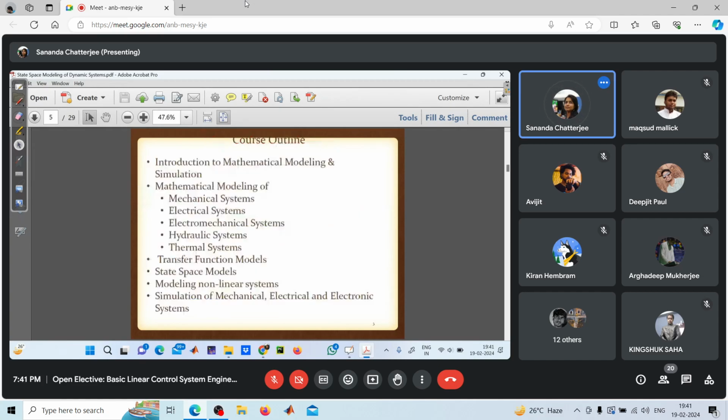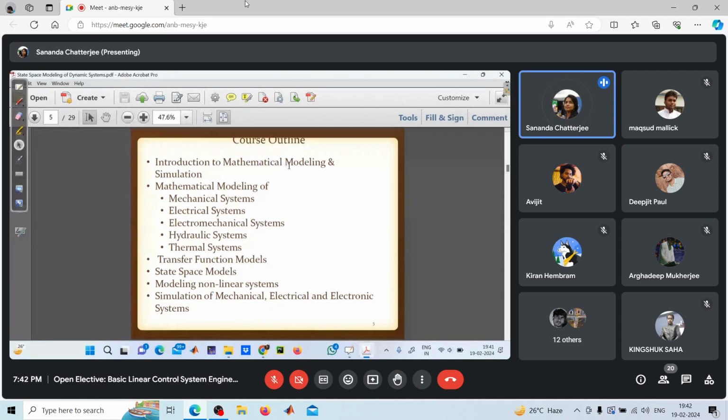So next, in this course, we will go for mathematically modeling systems, and we will try to get an idea of what we can comment on the system via simulation, or what things we can conclude from the mathematical model of the system.